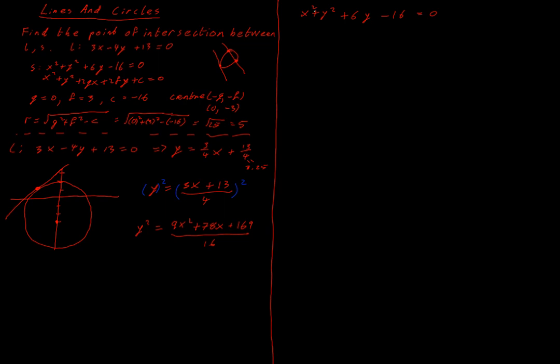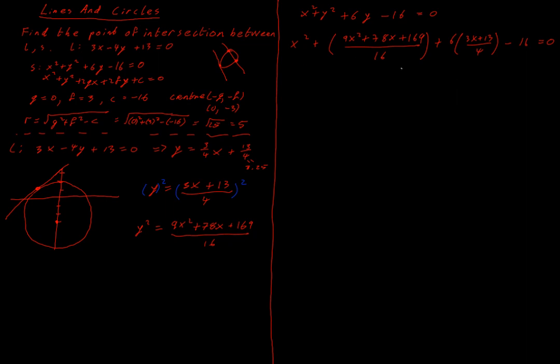So I have x squared plus y, subbing in from my linear equation: 9x squared plus 78x plus 169 all over 16, plus 6 times the y, which is 3x plus 13 all over 4, minus 16 is equal to 0.